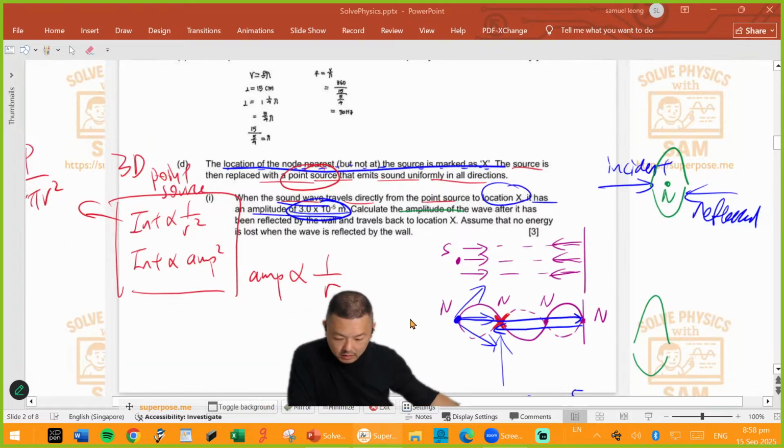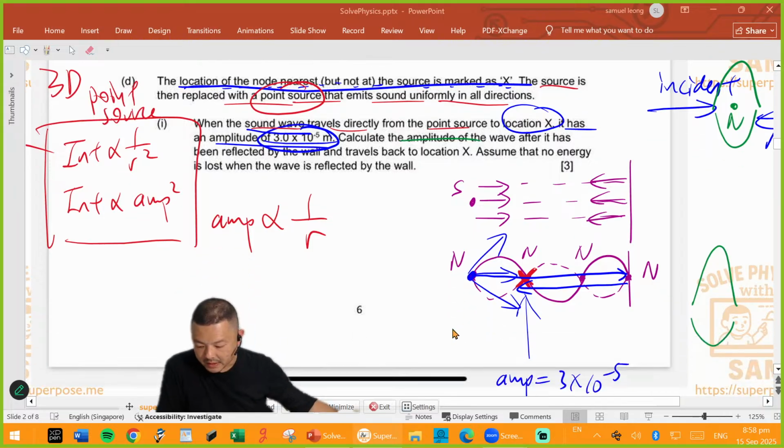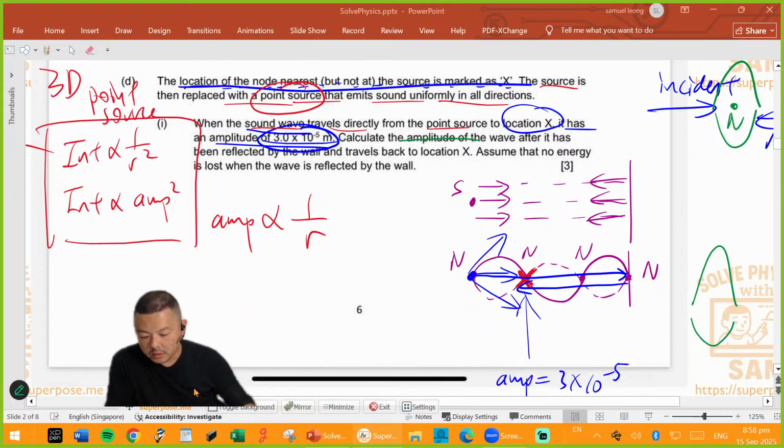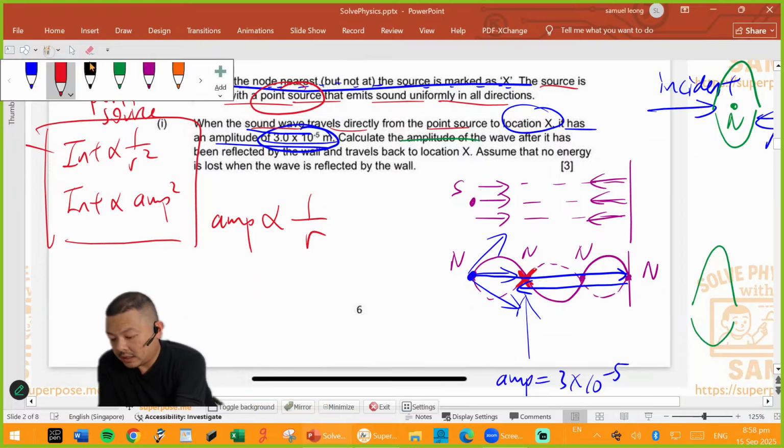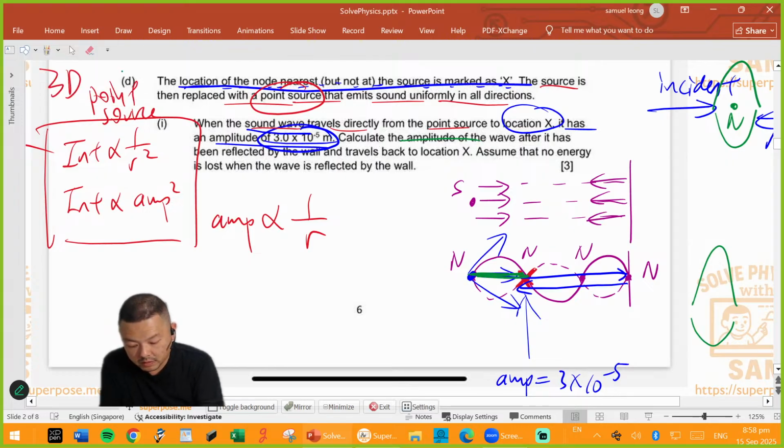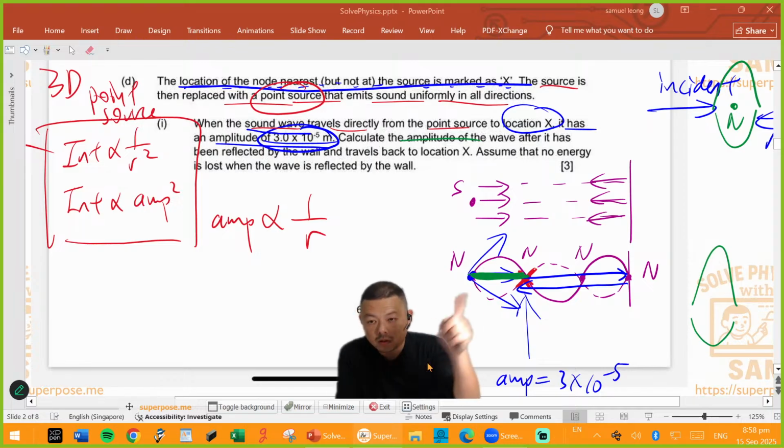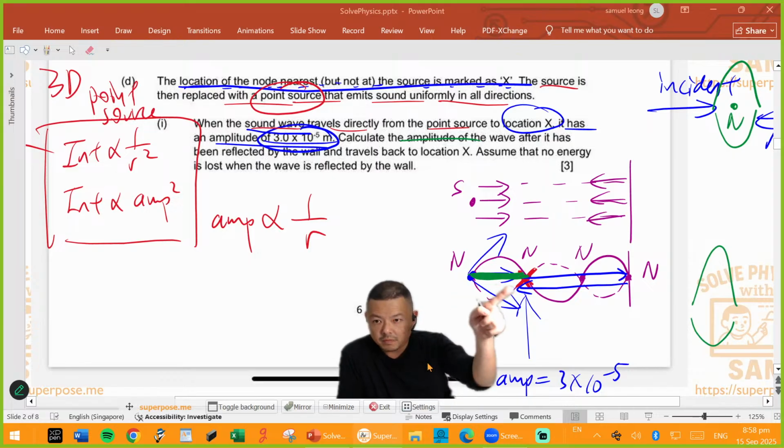So I guess in a way the question is basically asking you, in terms of distance, how far is point X away from the source? Half. No, no, no. From the source to X. Yeah, half a wavelength, right? Okay.